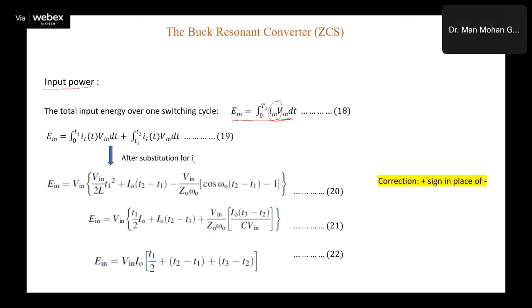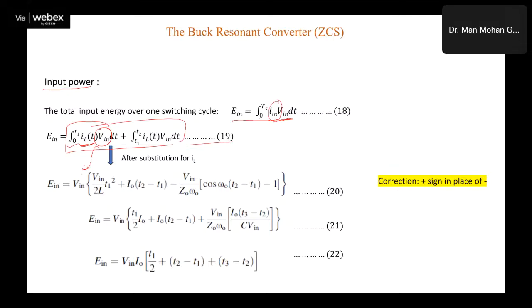So I input is the same current as inductor current, this inductor of the resonant tank, and V in is constant. So we can take V in out, and we can integrate this 0 to Ts, this IL, and we know that this was for 0 to T1 and T1 to T2, and rest of the time IL was 0. So these two equations are there.